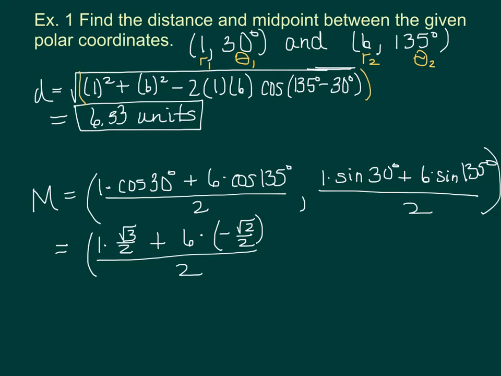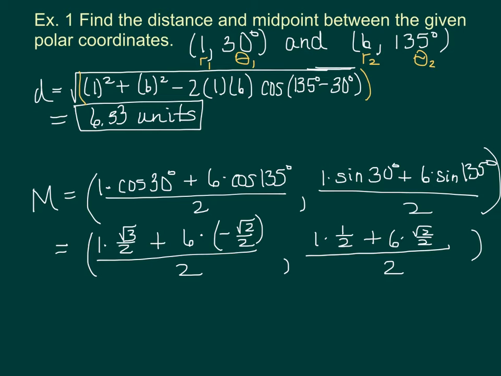Divided by 2. And then to do our sine values of those same angles, sine of 30 is 1/2. And sine of 135 is positive radical 2 over 2. And we're going to divide that answer by 2.